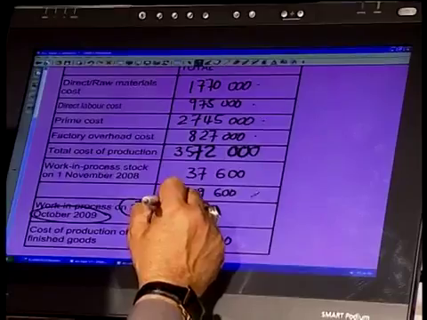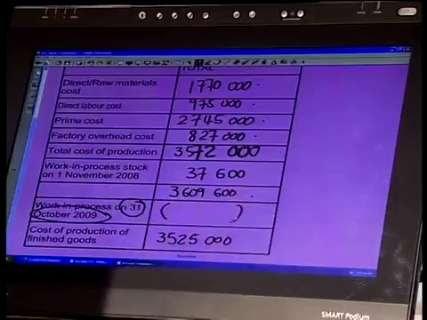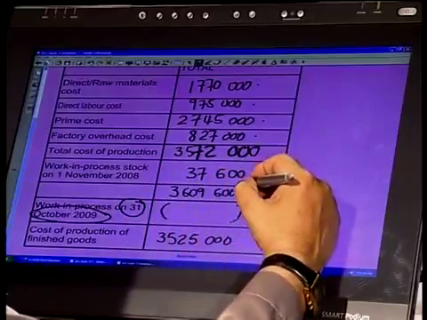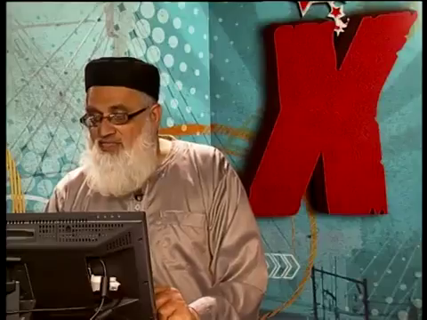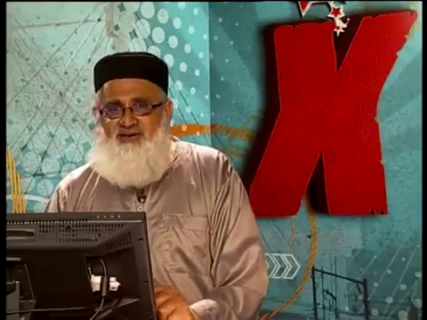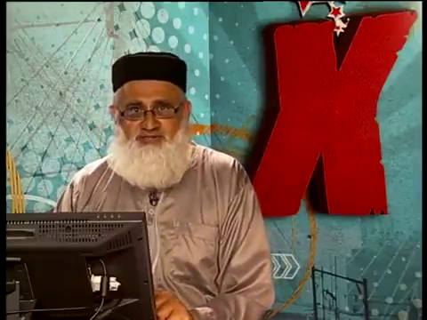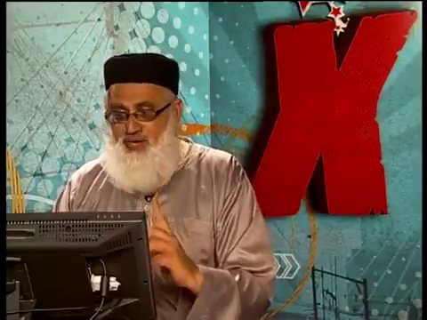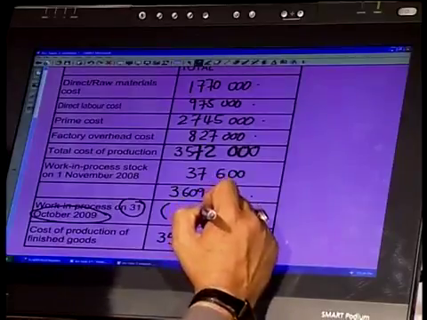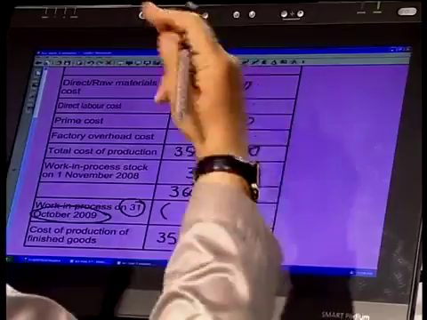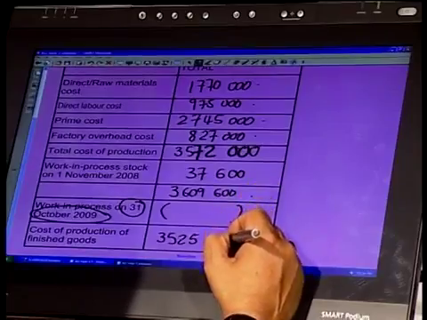I've got a missing figure here. And I also know that my work in process at the end of the year must be subtracted. So I've got to take that figure and subtract a figure from it to give me the 3,525,000. Got that?